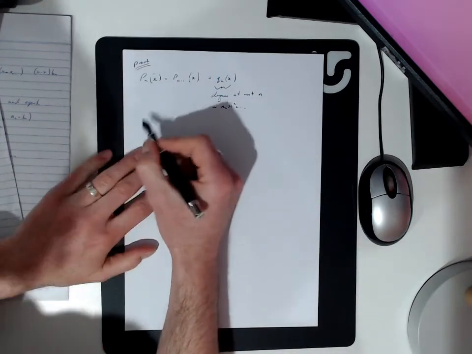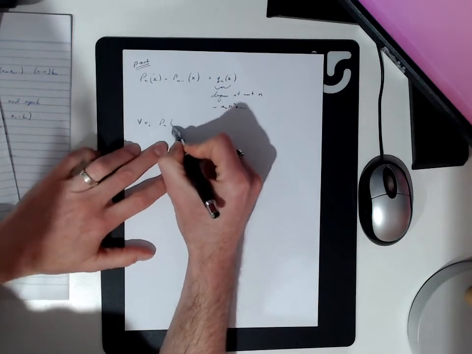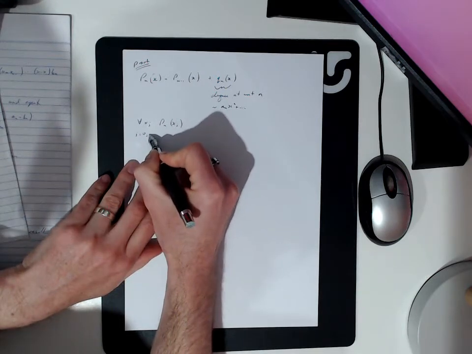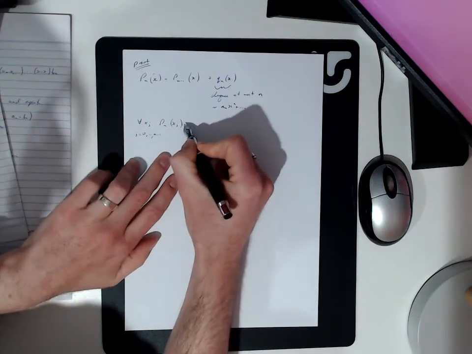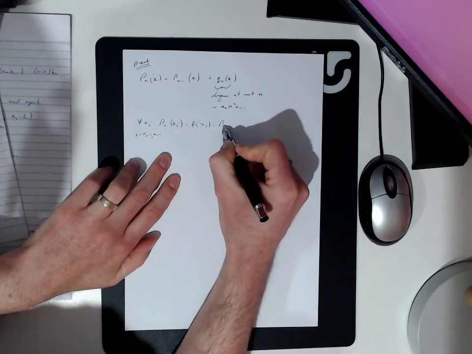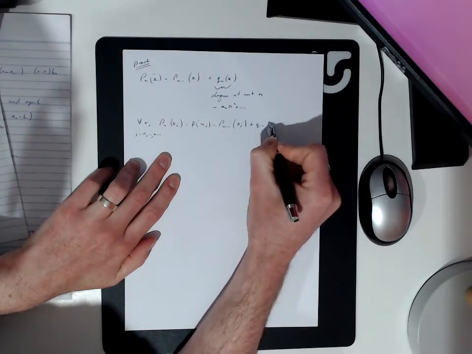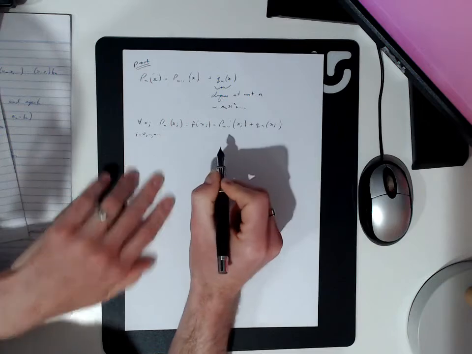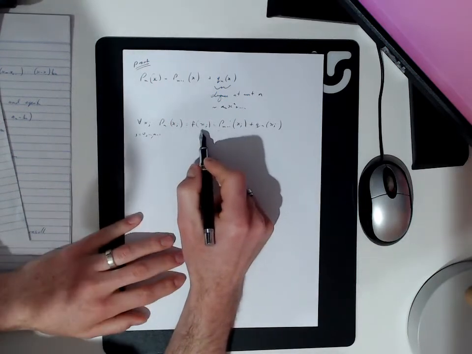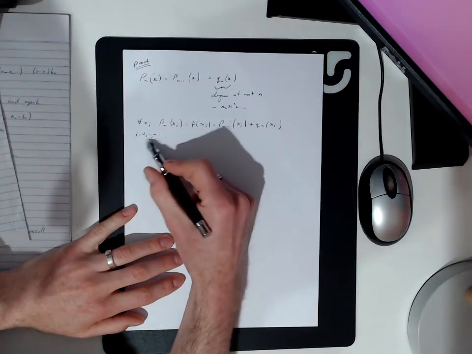So if we write that, then we know that for all xj, where j goes up to but does not include n, Pn(xj) is equal to f(xj), which is equal to P(n-1)(xj) plus qn(xj). But this is going to be equal to that, because this is the Lagrange interpolating polynomial over those points.